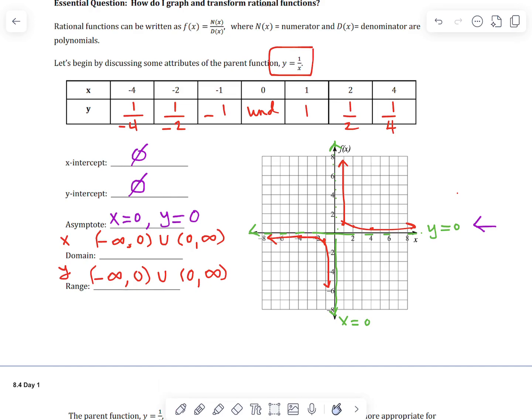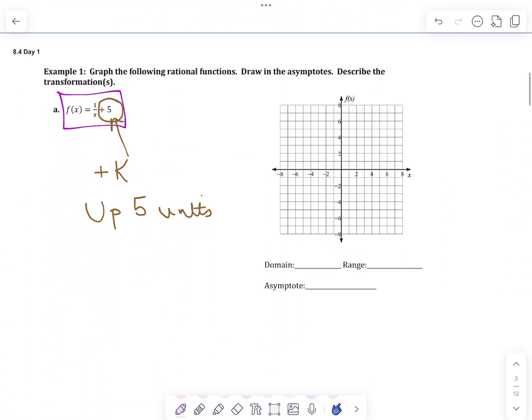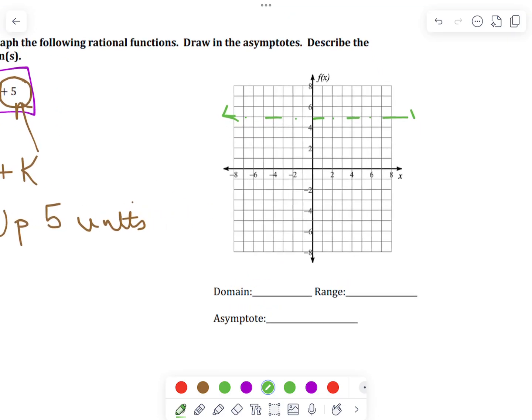And that'll move all the points. So my asymptote is now at y equals 5. I did not move left or right, so my vertical asymptote will stay as it is, x equals 0. So what I'm looking for is just 1 point and 1 point there. It's going to create a sketch.